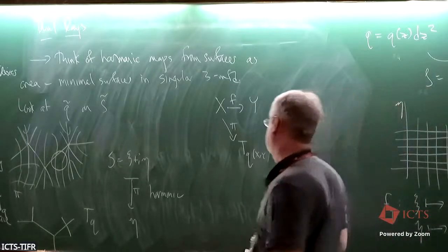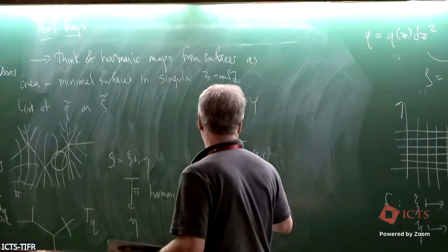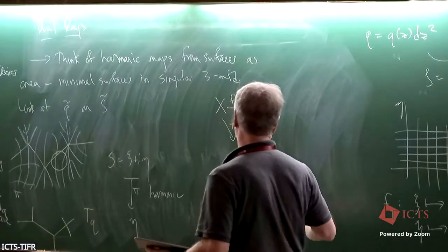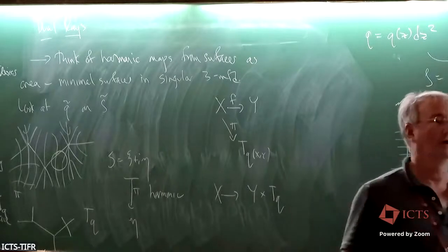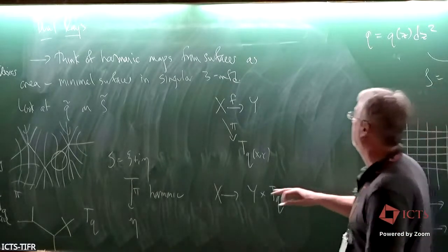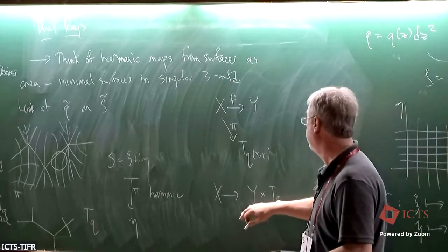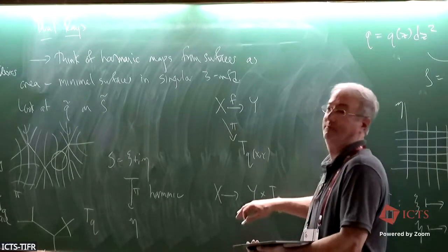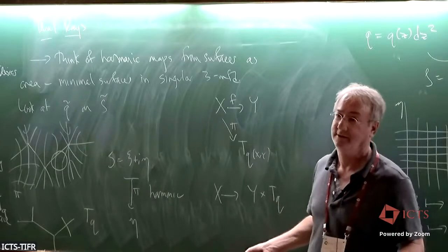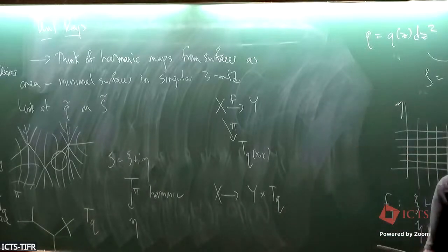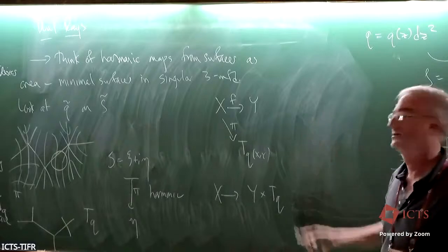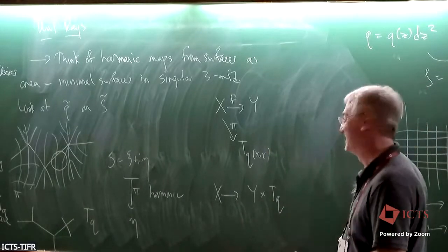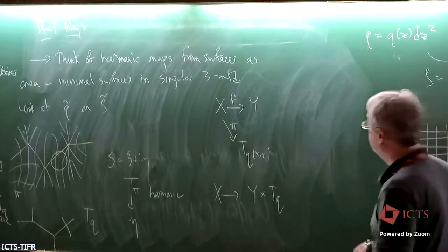And it's a true fact that if I have a map to a product where each factor is harmonic, that map to the product is also harmonic. The energy is the sum of the energies, so you can minimize both separately. Okay, so this is harmonic.